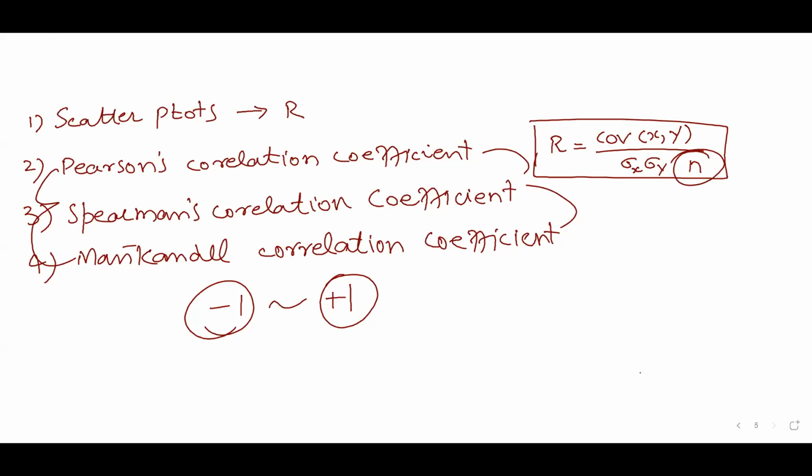Okay, the Spearman coefficient is given by R equals 1/n times the covariance of X comma Y divided by sigma X sigma Y, like this one.